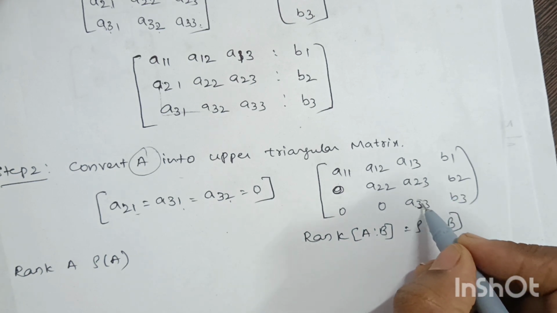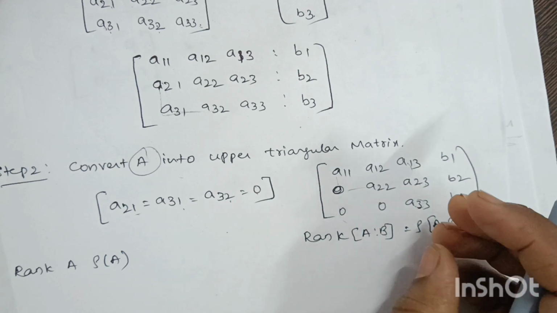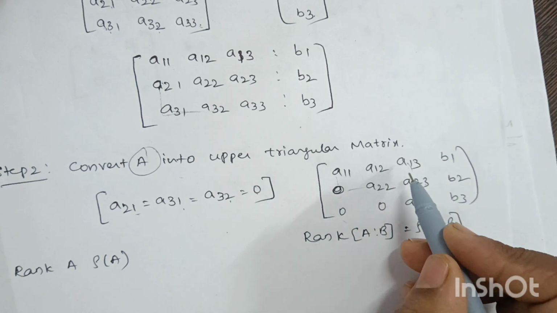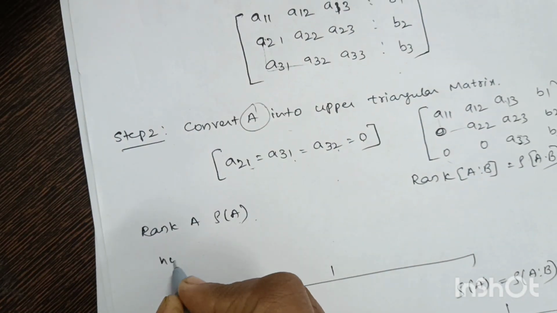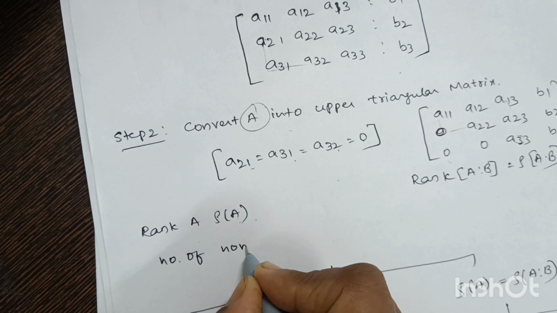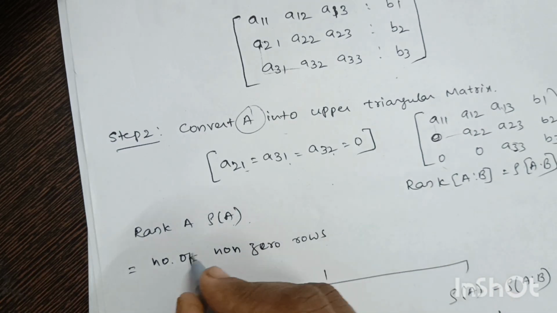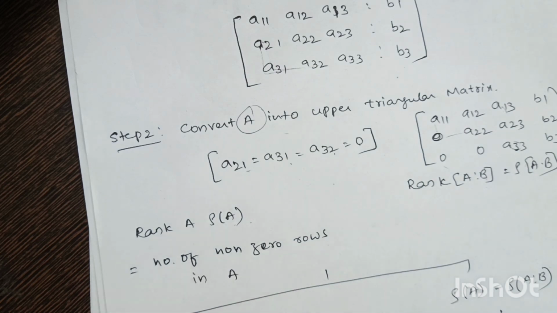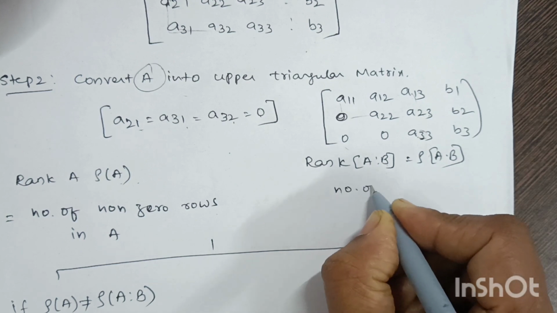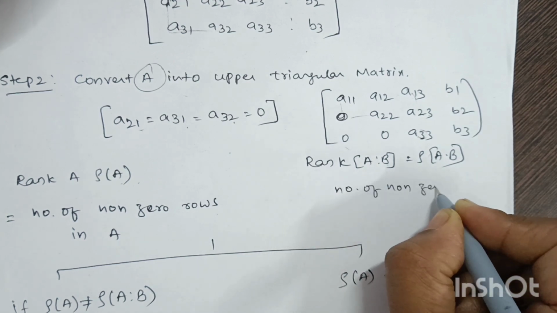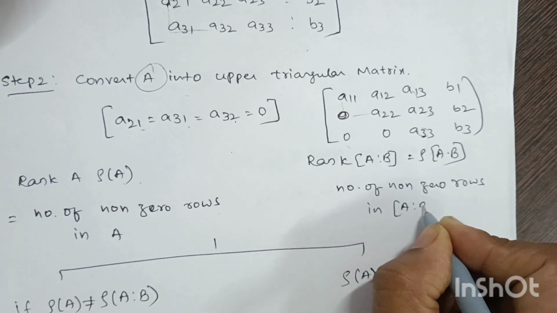If we get 0 here, what happens to the rank of only A? Already I told you, the rank of A is the number of non-zero rows in matrix A. And the rank of the augmented matrix is the number of non-zero rows in the [A|B] matrix.